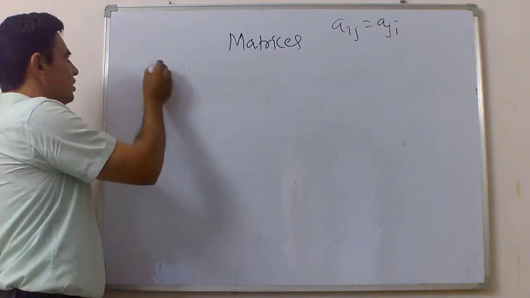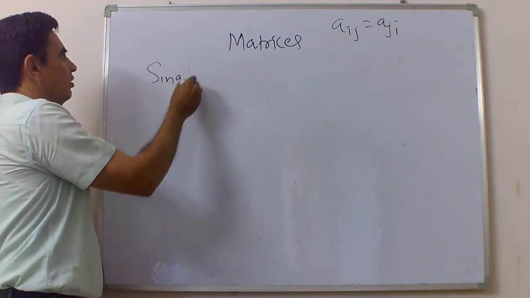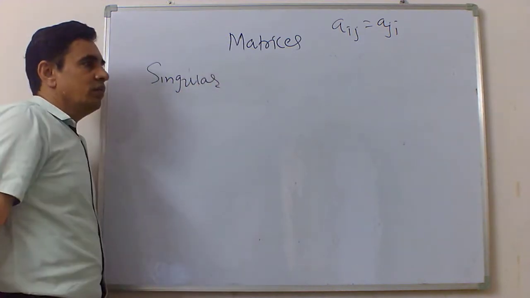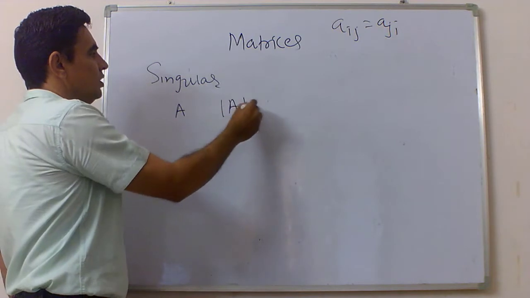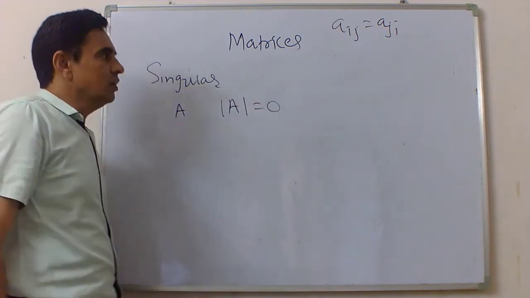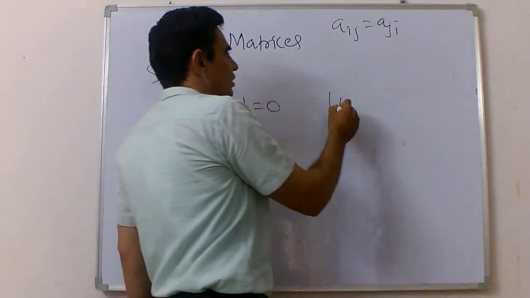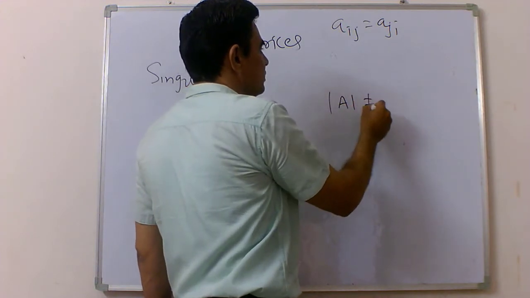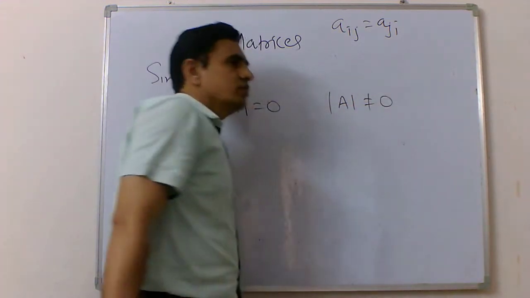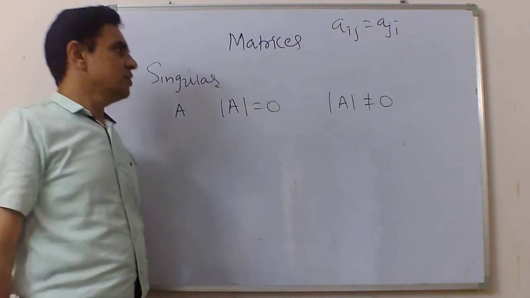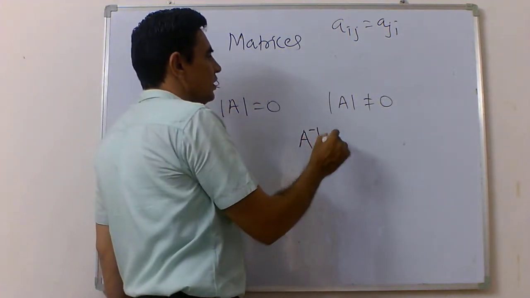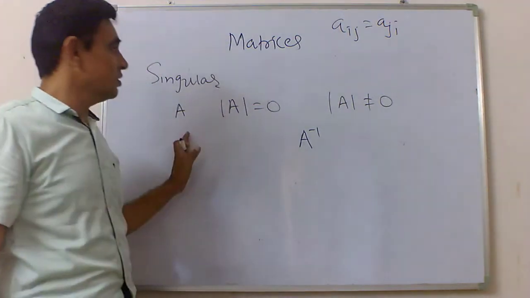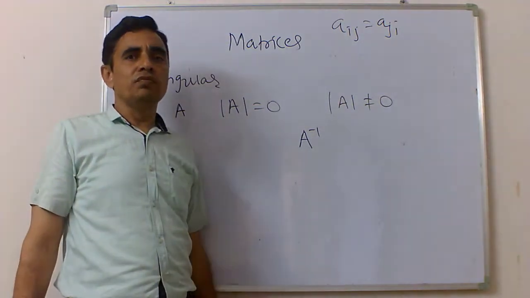After that, we see singular and non-singular matrices. A is a square matrix. If its determinant value is equal to 0, then that is singular, and if A is a square matrix and its determinant value is not equal to 0, then that is a non-singular matrix. The inverse of a non-singular matrix will exist; if the matrix is singular, then it has no inverse.